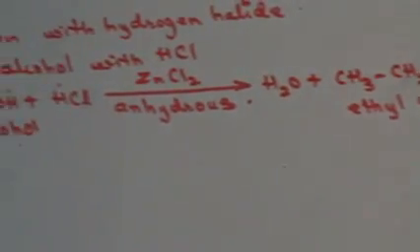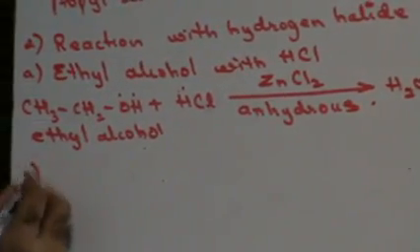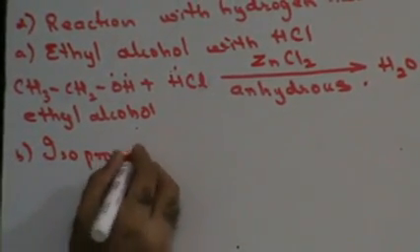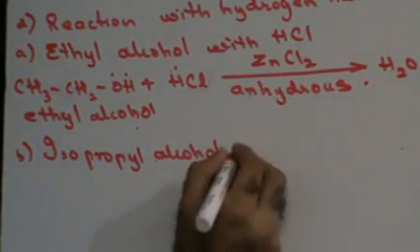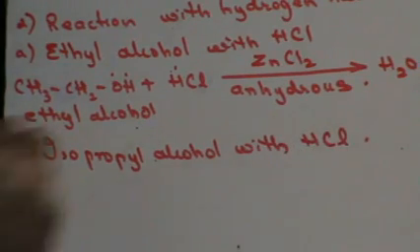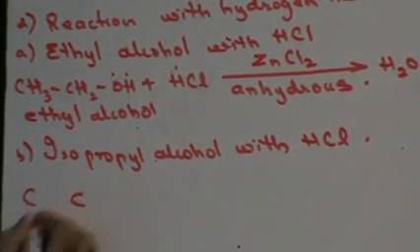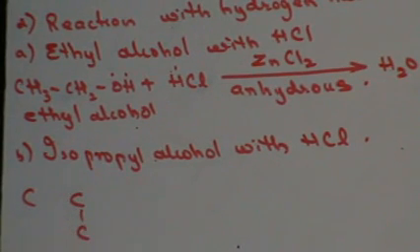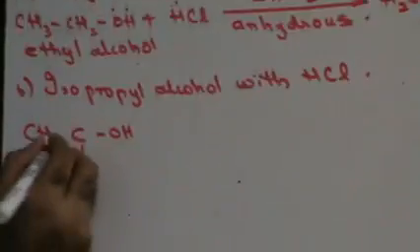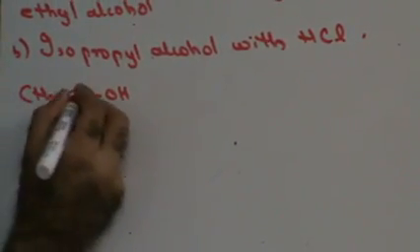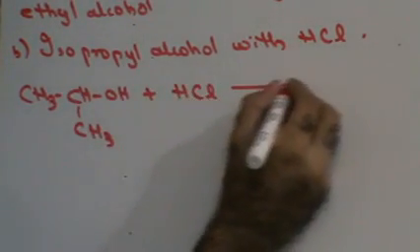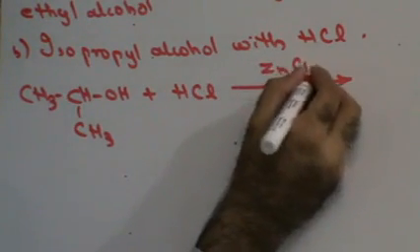Right? Next, let's see another reaction of this kind. What happens when isopropyl alcohol reacts with hydrochloric acid, right? Propyl, 3 carbon atoms, iso, that means I should have 1 carbon atom in the branch, alcohol, OH, CH3, CH3, 3 bonds, so CH. Isopropyl alcohol reacts with hydrochloric acid in the presence of zinc chloride anhydrous.